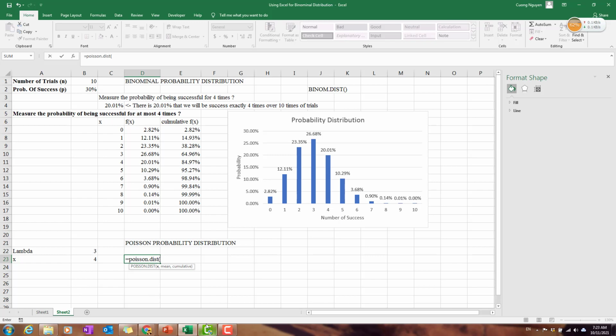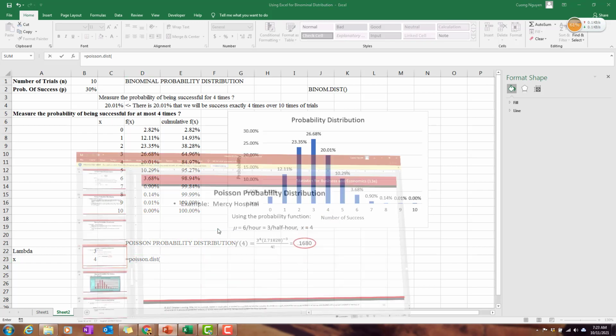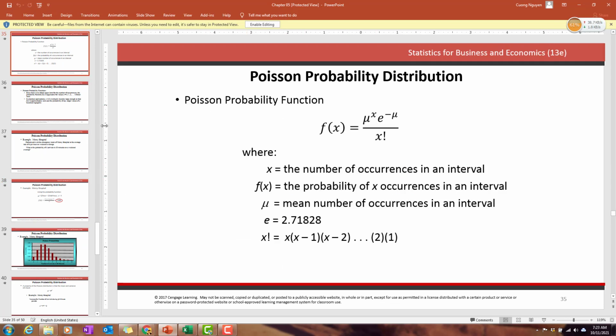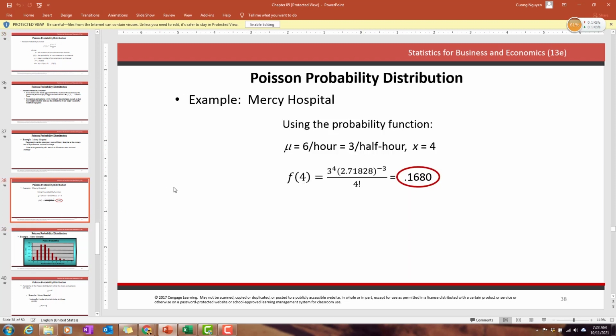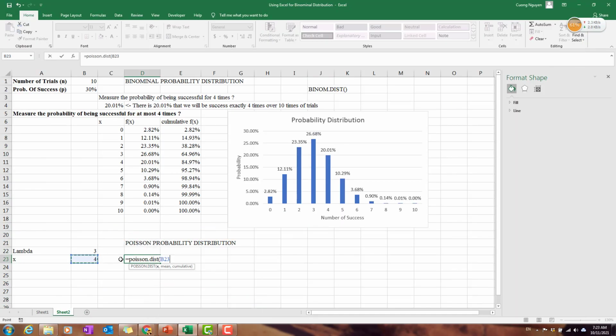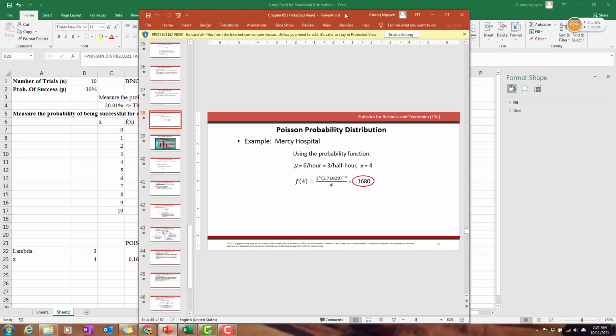We come back, x will be equal to the function here, mu, or lambda, to the power of x, so x will be 4, and the mean over here will be 3, okay, and for cumulative or not, for example, I just want to see exactly, so false, the probability mass function, and you get the same. It's quite the same as what you have to do.